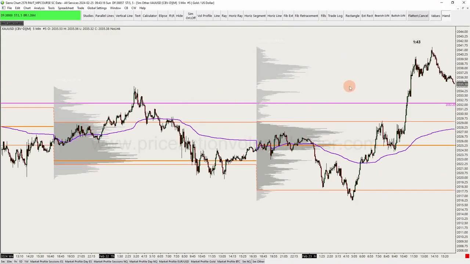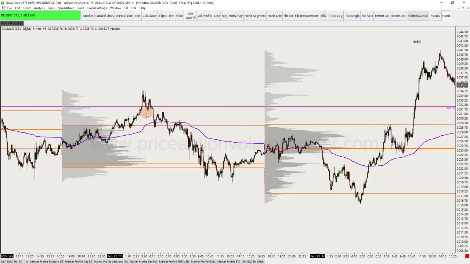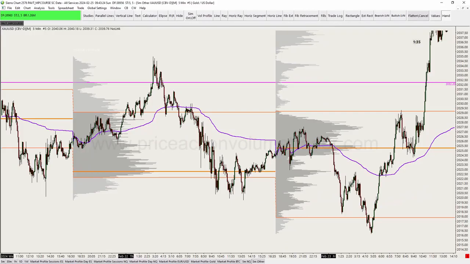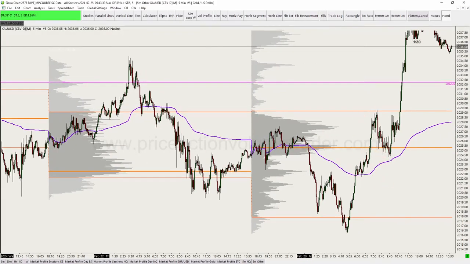Aside from those levels, I'll always keep track of the previous session's main elements, which are going to be the high, the low, value area low, value area high, and point of control. If we look forward into the next session, this is something that would be good for you to back test. Just go back on your charts and observe.